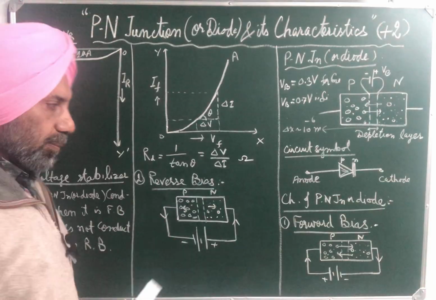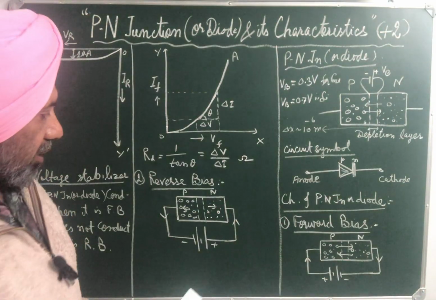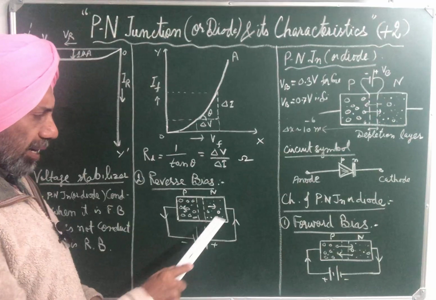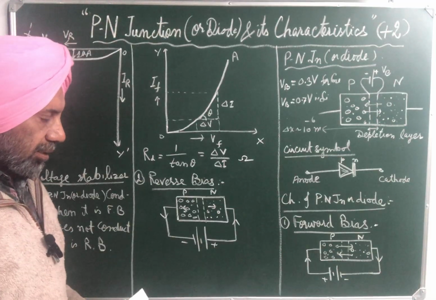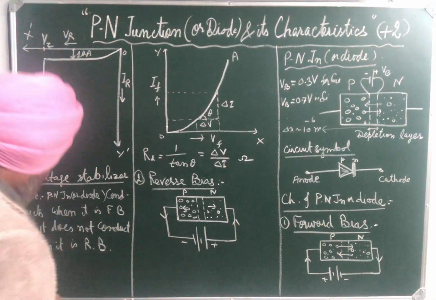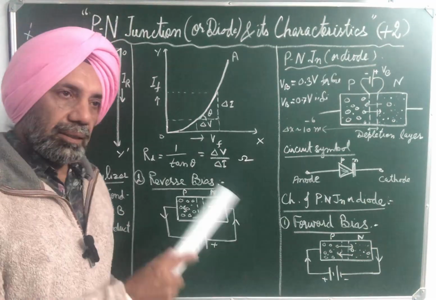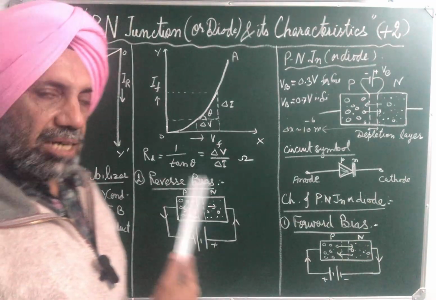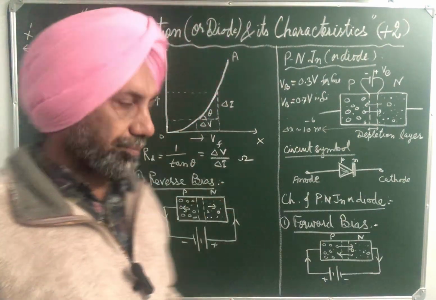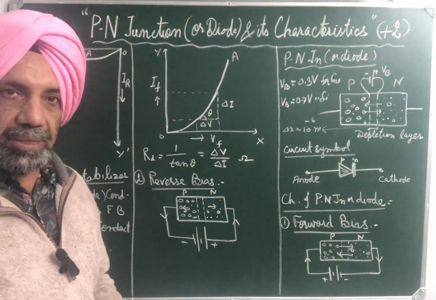Similarly, reverse bias characteristics. When the P type is connected to the negative terminal of the battery and the N type to the positive terminal of the battery, the PN junction is said to be reverse biased. During reverse bias, what happens?